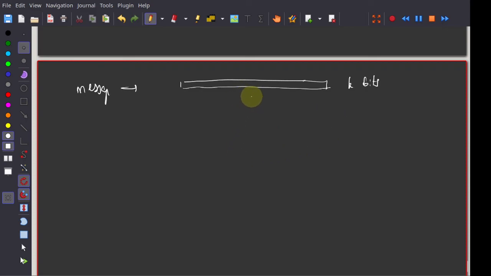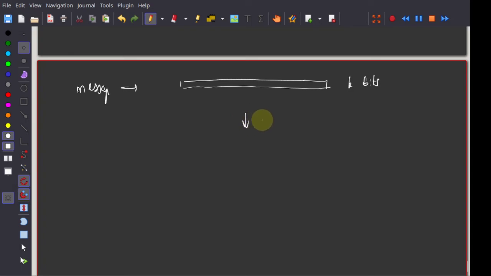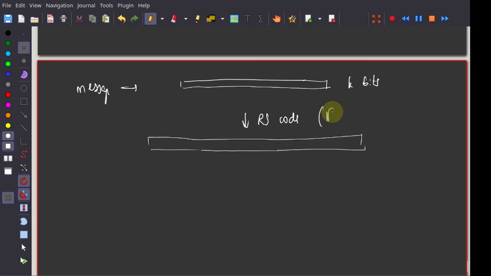What I will do is encode them using a Reed-Solomon code over a field size, say F_q to the power L, but this L could be something very large.